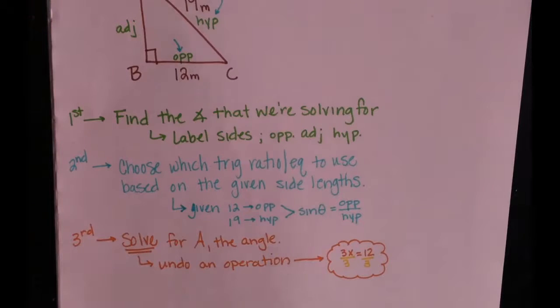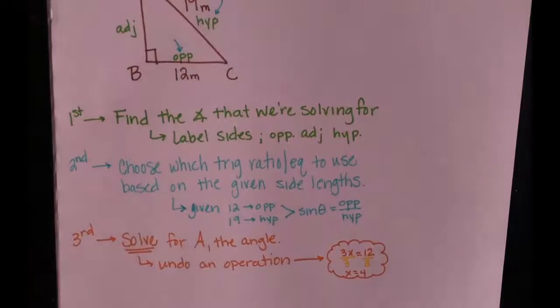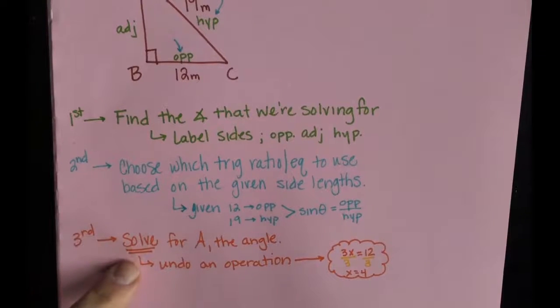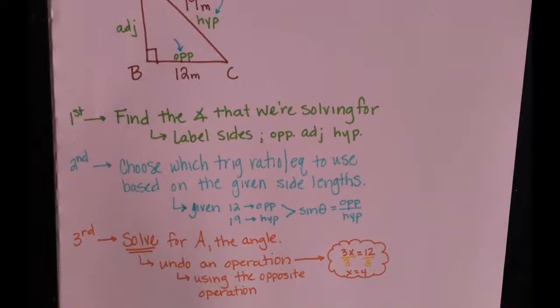So when we undo an operation to solve, we're using the opposite operation, and that's pretty much what we say.